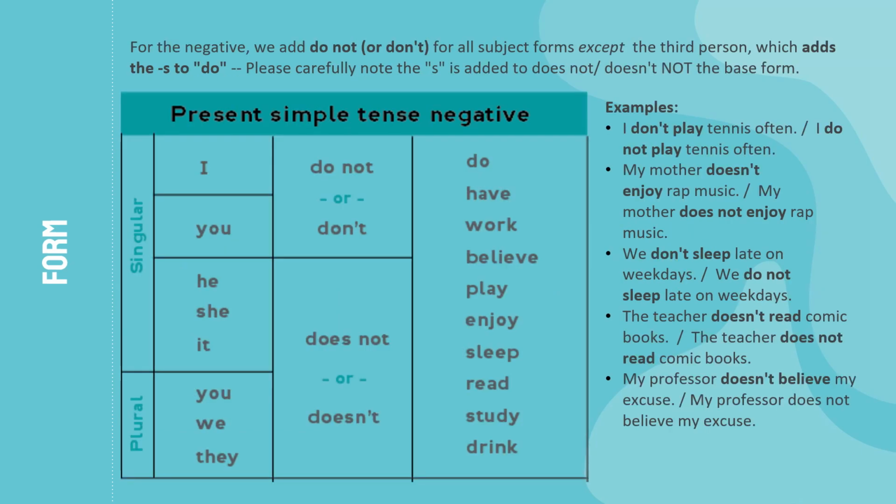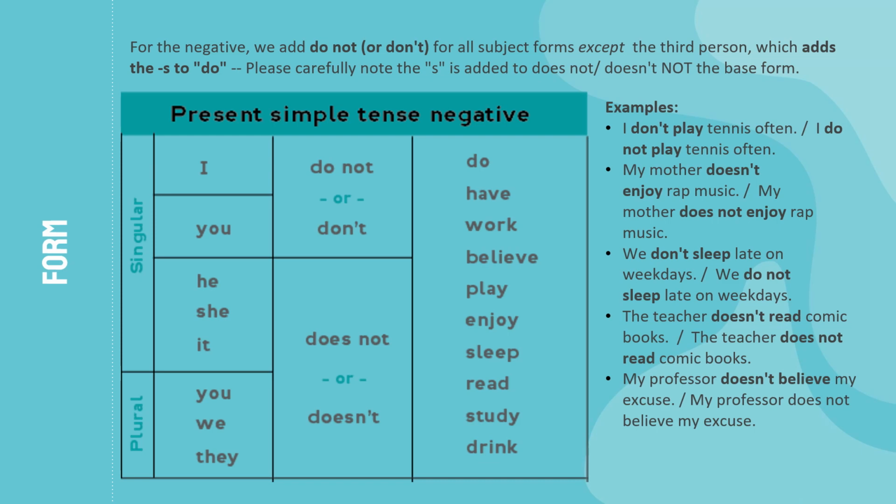For the negative, we add do not or don't for all subject forms except the third person, which adds the s to do. Please carefully note the s is added to does not or doesn't, not the base form.